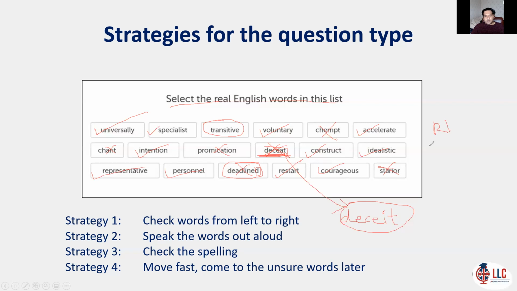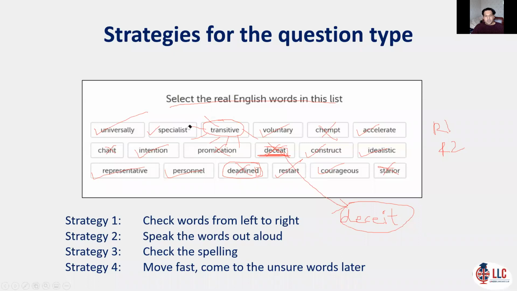Now comes round two. So what do I do? Go back to any words that I was confused about. The only word that I was confused about was transitive. Do I know the meaning of the word? Well, there is a verb called transitive verb, so it must be an English word.